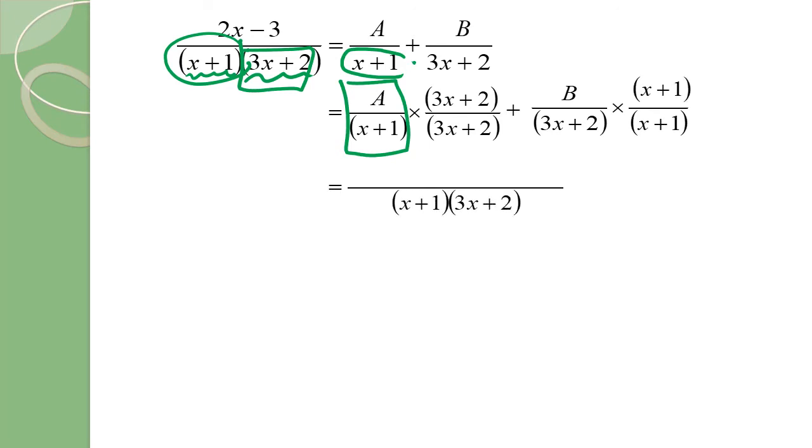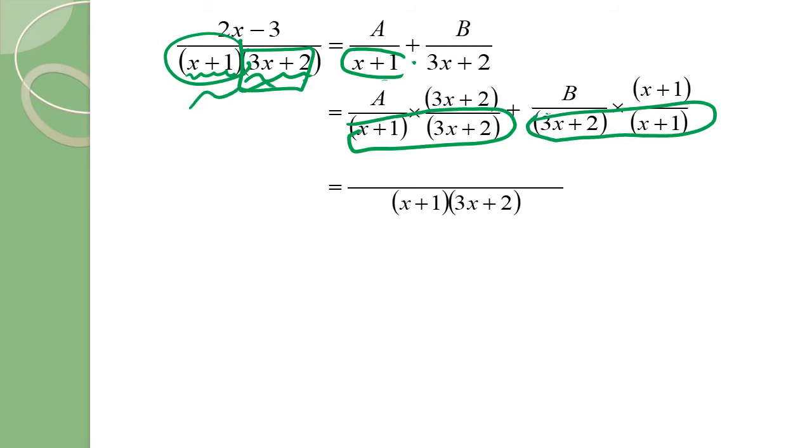Okay? So now we have all the factors on both partial fractions. We have x plus 1, 3x plus 2. This one also 3x plus 2 multiplied by x plus 1. So it will be the same as the left hand side. Now we have the common denominator. What is for the A? A should be multiplied by 3x plus 2. And then we add up with B multiplied by x plus 1.